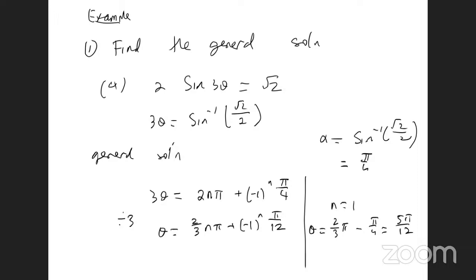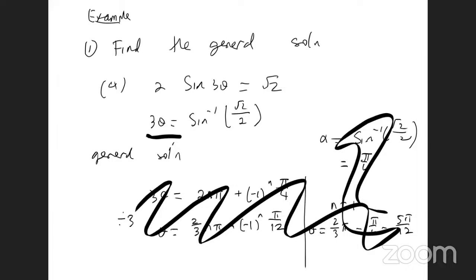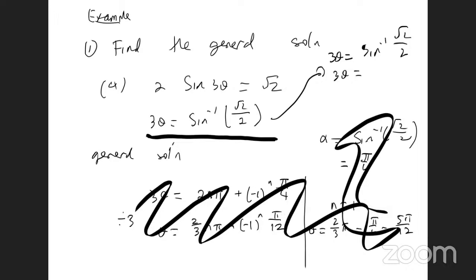Here's what we're trying to do: we're trying to come up with a formula that can help us find any angle, any solution. Let's pretend we didn't have this. What you would have done is say 3 theta is equal to sine inverse root 2 on 2, which is pi on 4.